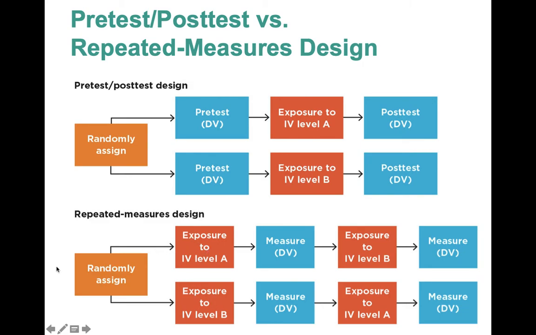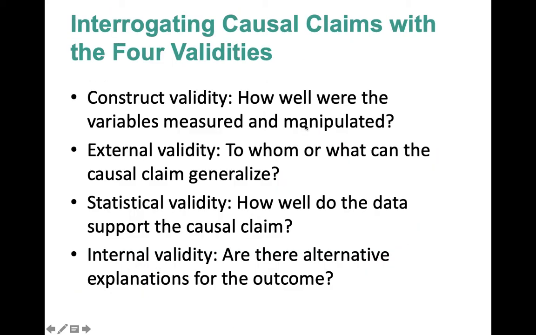It's important to remember that in a true within groups design, participants are exposed to all levels of the IV. Okay, so this is a within subjects design because participants get both IV level A and B, but in a pretest post-test design, they don't. So that's the key differentiation there. In a pretest post-test design, it's a between groups design because even though there's testing twice on the DV, they're only exposed to one level of the IV.